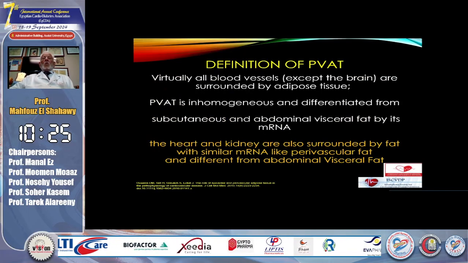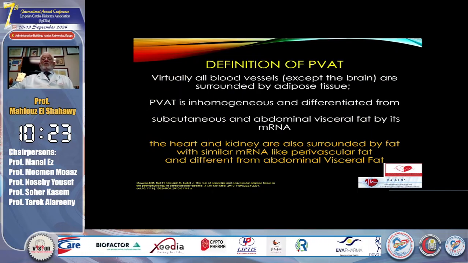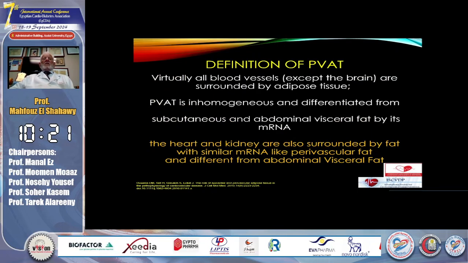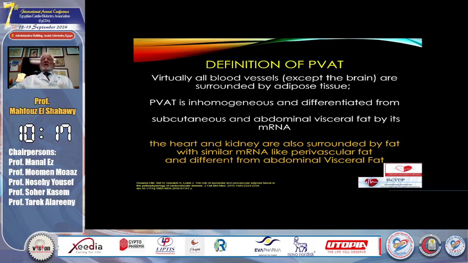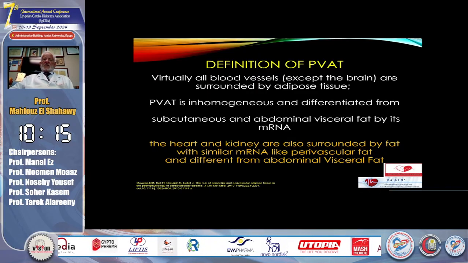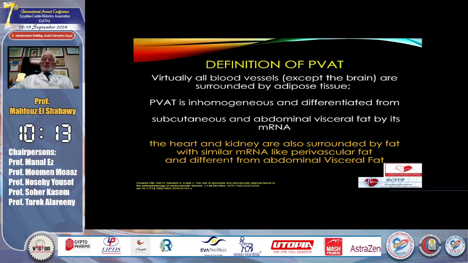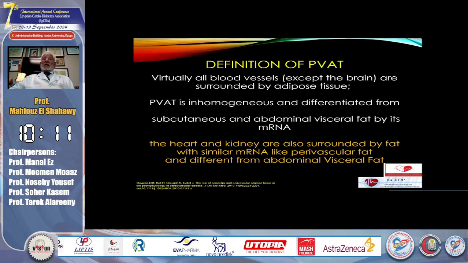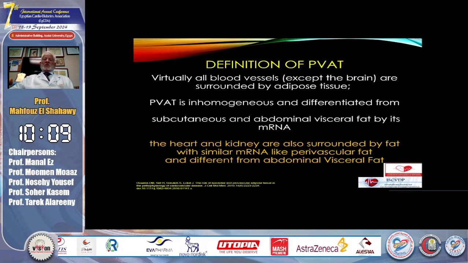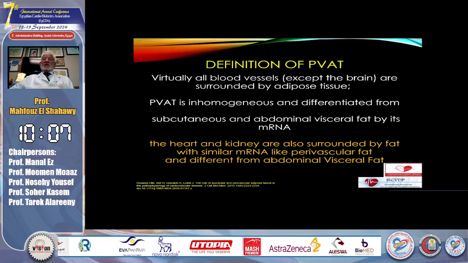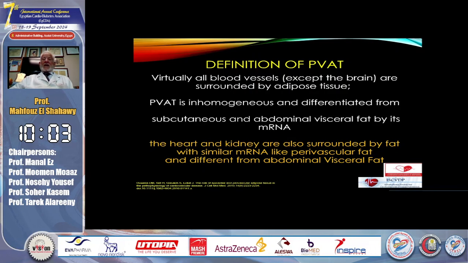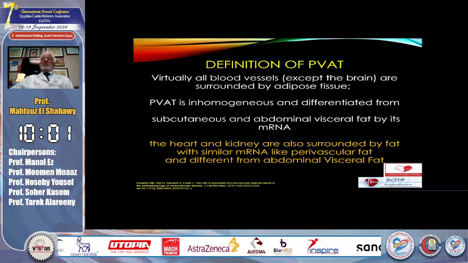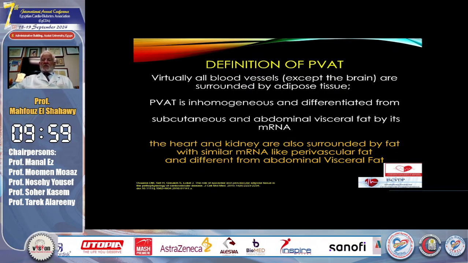Now, what is the definition of perivascular adipose tissue? Virtually all blood vessels, except the brain, are surrounded by adipose tissue. This perivascular adipose tissue, as I just mentioned, is inhomogeneous and differentiated from subcutaneous and abdominal fat by different messenger RNA.